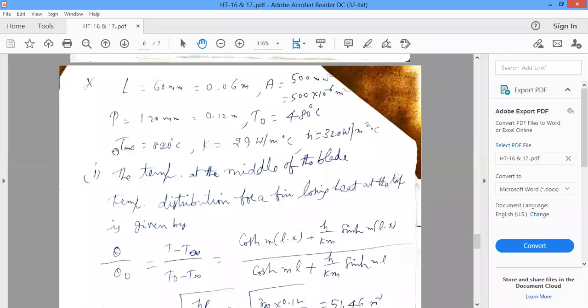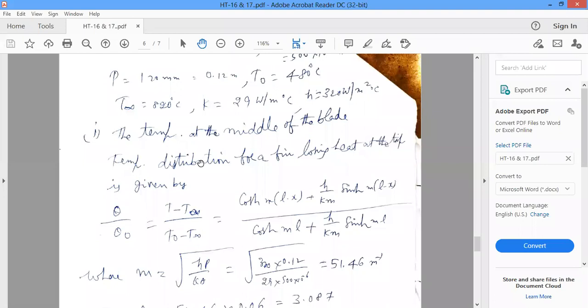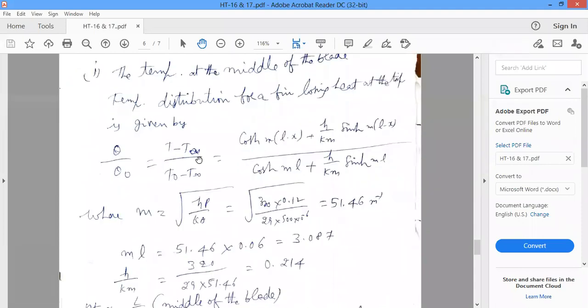First, the temperature at the middle of the blade. You have to calculate the temperature distribution for a fin losing heat at the tip, or a short fin. What is the equation? Theta by theta naught, that is (T minus T free stream) divided by (T naught minus T free stream), is equal to cosh m(L minus X) plus (h by km) sinh m(L minus X), divided by cosh mL plus (h by km) sinh mL.